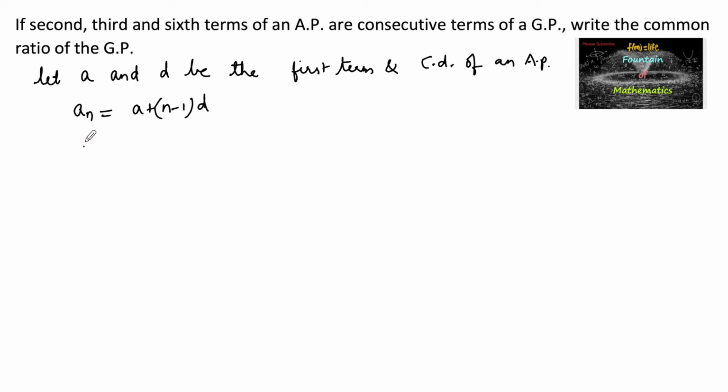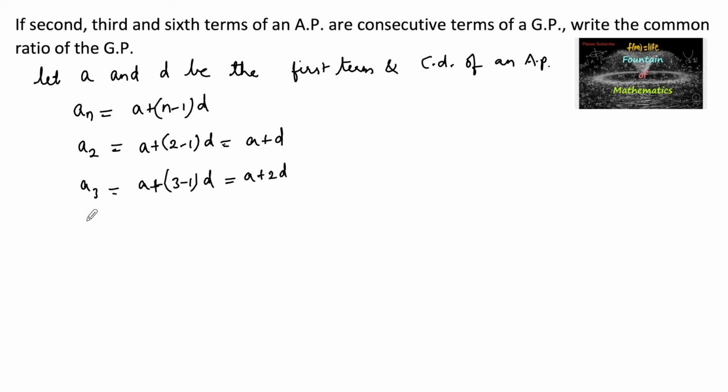So the second term we can write a2 is equal to a plus 2 minus 1 into d, that is a plus d, and the third term we can write a plus 3 minus 1 into d, that is a plus 2d, and the sixth term we can write a plus 6 minus 1 into d, that is a plus 5d, and this second term, third term and sixth term are in GP.